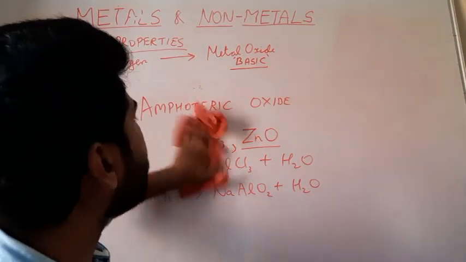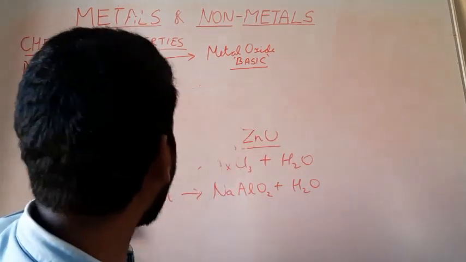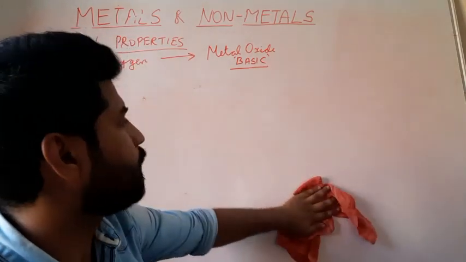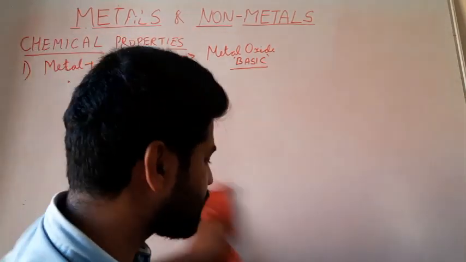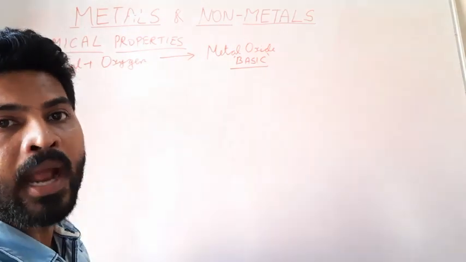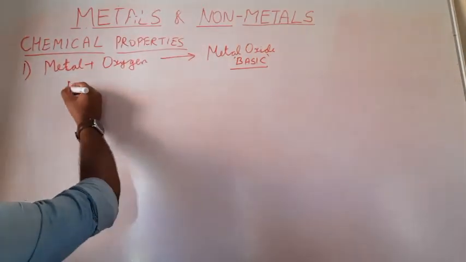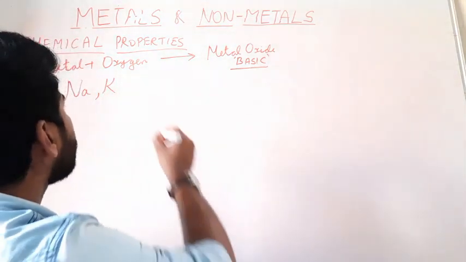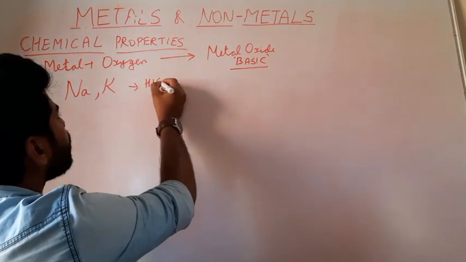Now, if we observe carefully, not all metals react similarly with oxygen. Some metals are highly reactive with oxygen, whereas some do not react at all. For instance, sodium and potassium metals are highly reactive.